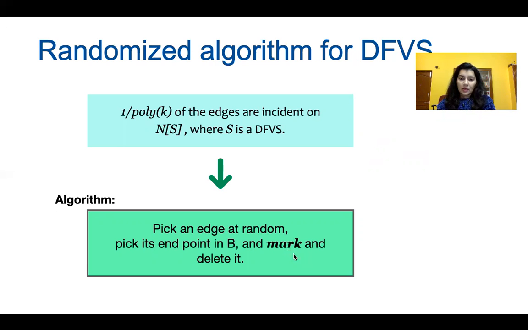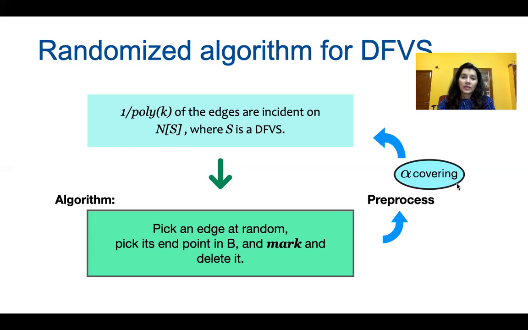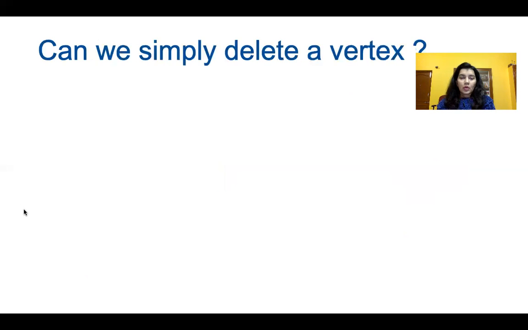I'll explain what this marking is for. The rest of the process is the same as I explained for the Becker et al. algorithm: you pre-process the graph again, ensure the alpha covering property holds, and then you're back to the condition that holds for the edges. Now, can we simply delete a vertex?